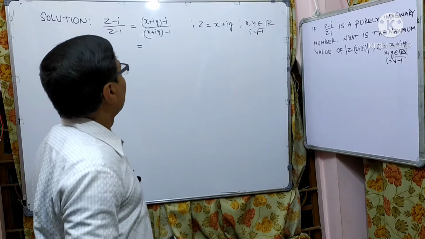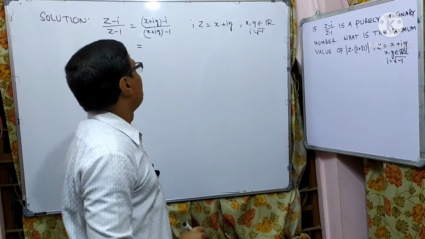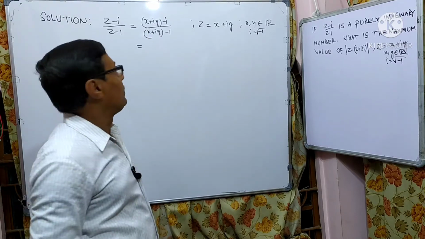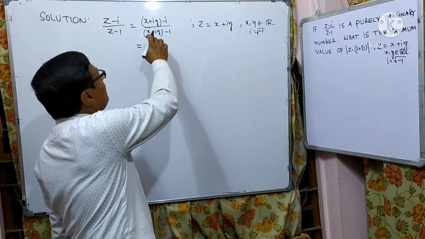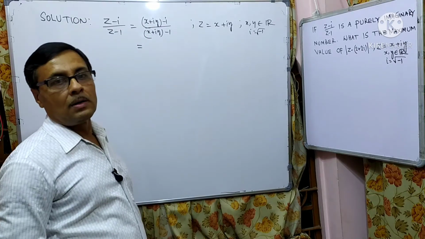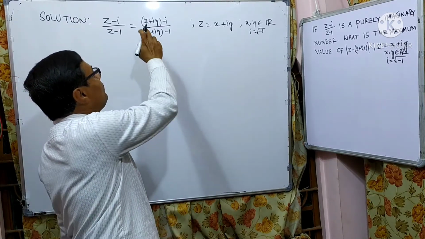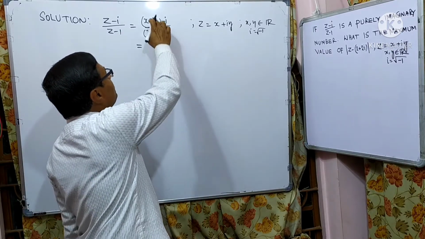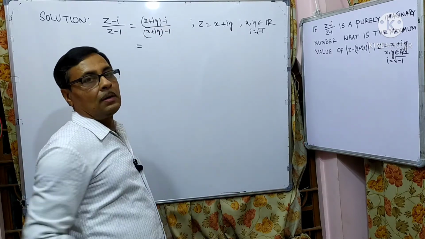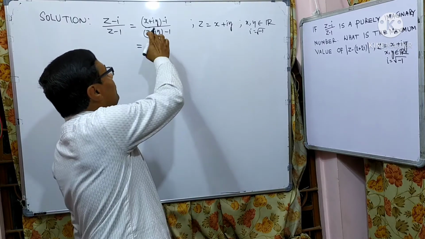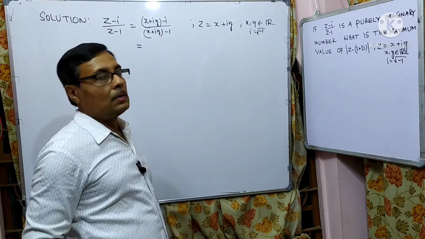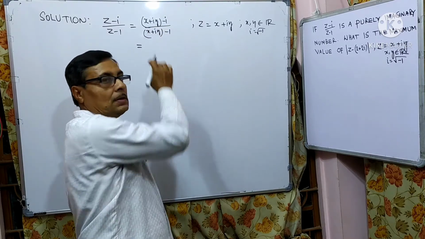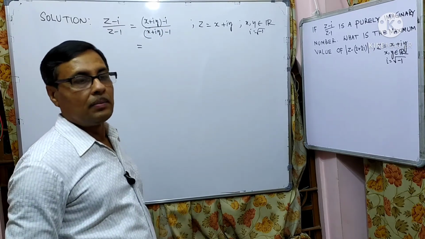make the denominator a real number. We can convert the denominator into a real number if we multiply both numerator and denominator by the complex conjugate of the denominator. If we multiply both numerator and denominator by the complex conjugate of the denominator, we are able to convert the denominator into a real number.